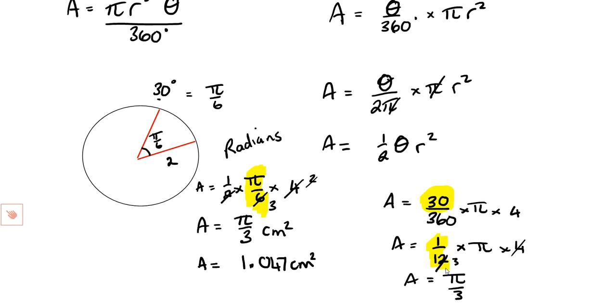So at this stage, isn't this already not an angle anymore? What is it now? It's a fraction of a circle. We just used that number to figure out what fraction of the circle. And we do exactly the same thing if it's in radians. The pi divided by 6, as soon as I put it in there, is no longer an angle anymore. It's a fraction of the circle.